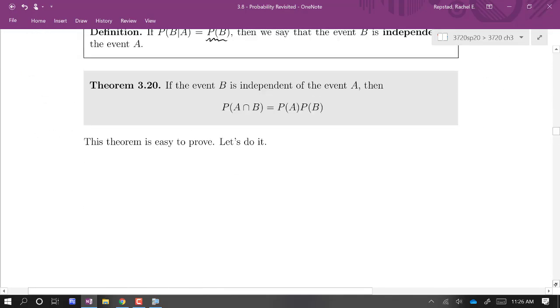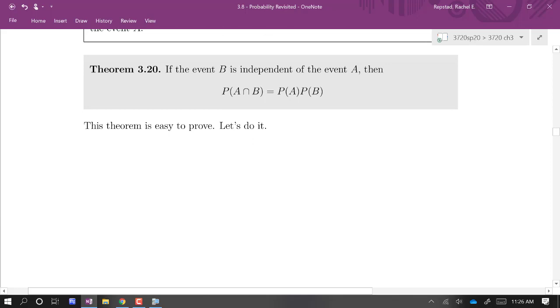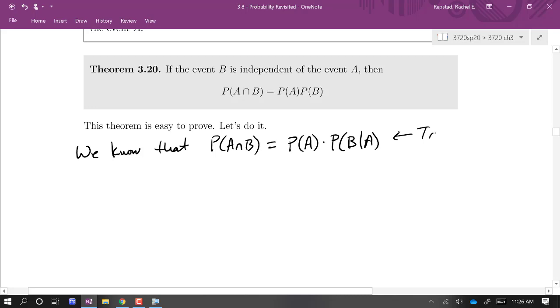So we're going to prove this using that. We know that the probability of A intersect B is equal to the probability of A multiplied by the probability of B given A. This is true for all events regardless of independence.